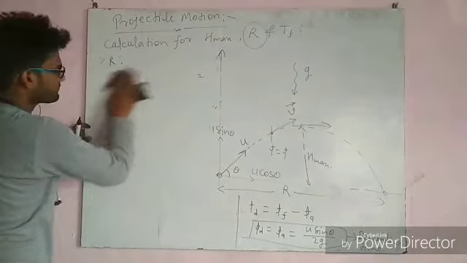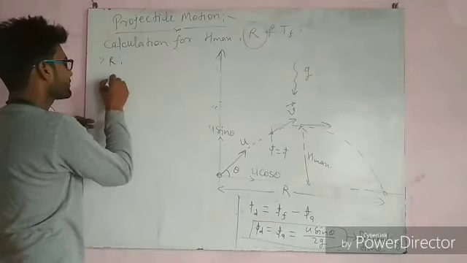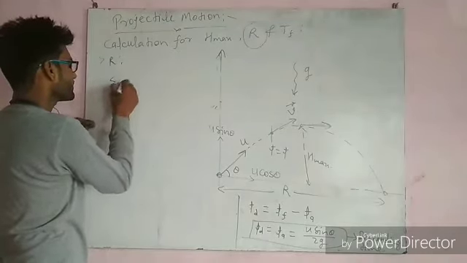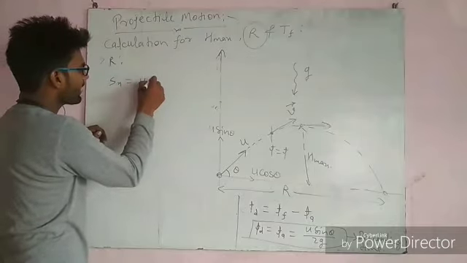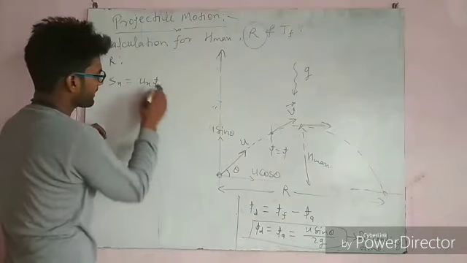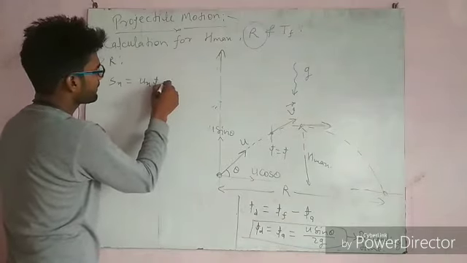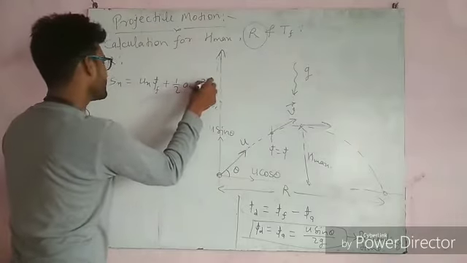Okay. So what we'll do? We'll apply the equation of displacement for x direction. Sx equal to ux into t, and what will be t? The time of flight, right? Plus half ax into t square.